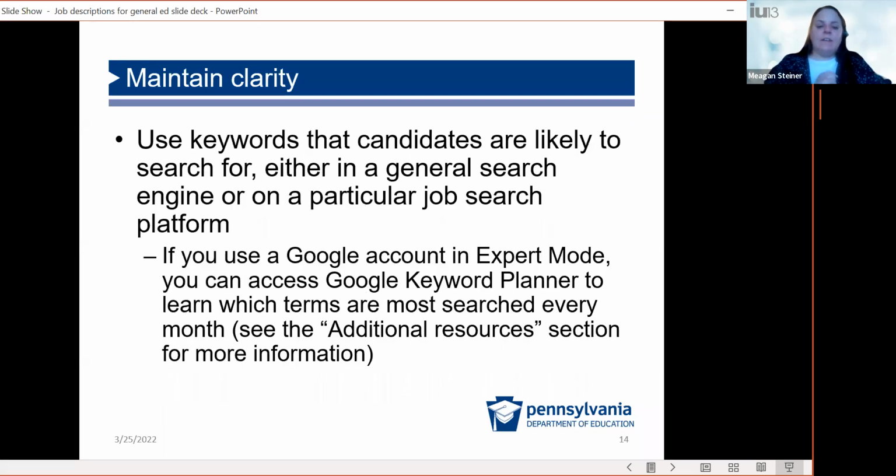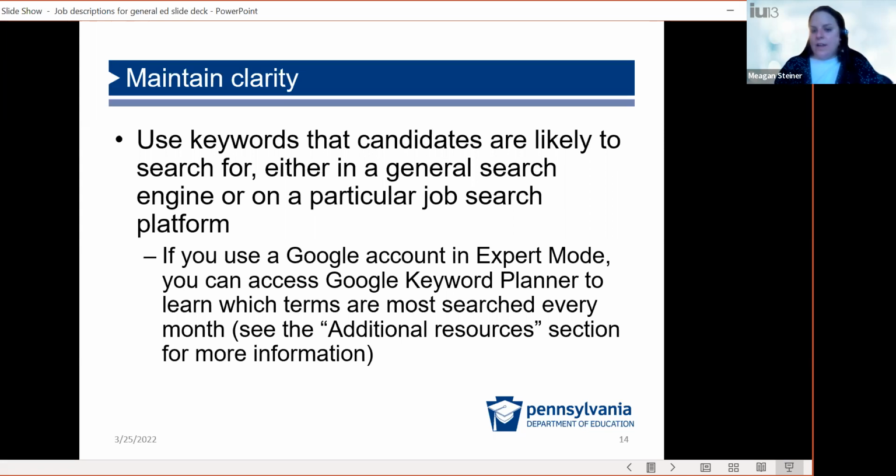Now, this is more of a technical tip. Use keywords that candidates are likely to search for when they're online searching for jobs in a general search engine, or if they're using a particular job search platform, also keywords that are likely to be searched. Now, this is more of a technical tip again, and if you look at additional resources at the end of the note-taking template, there is a link there to more information about using a Google account in expert mode.